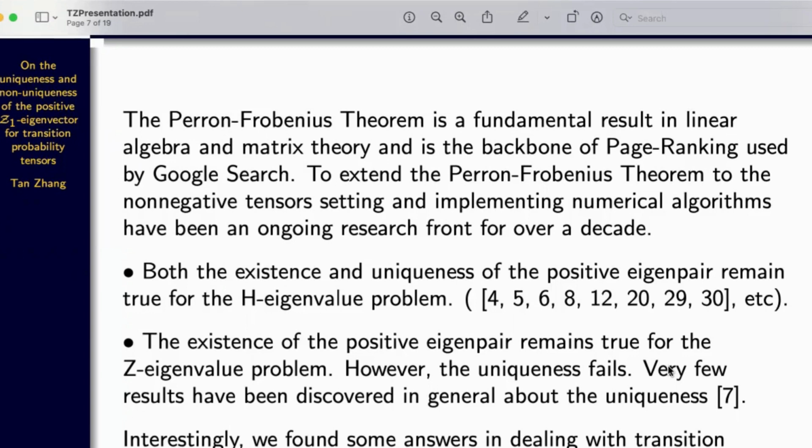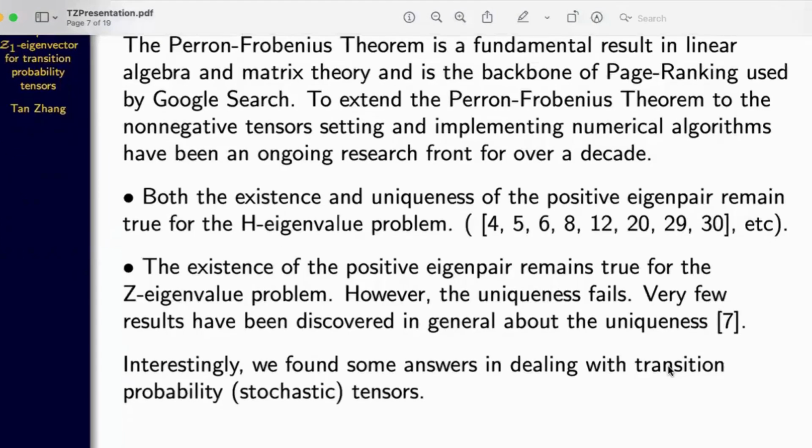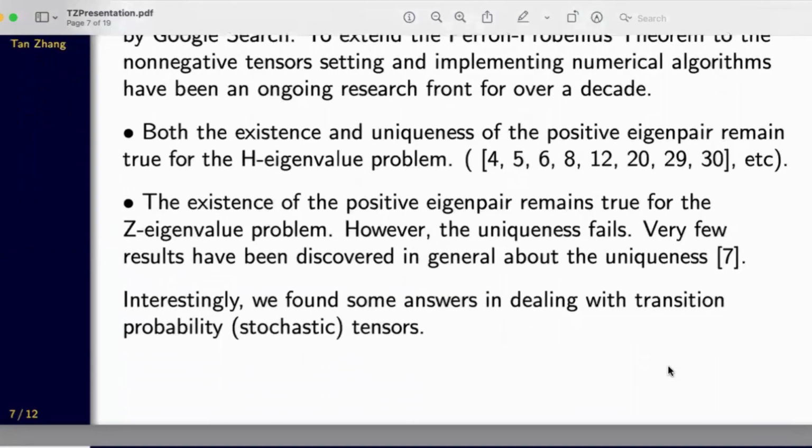However, quite to the contrary, the uniqueness fails in general. Very few results have been discovered in general about the uniqueness. Surprisingly, we have found some answers in dealing with transition probability or stochastic tensors.